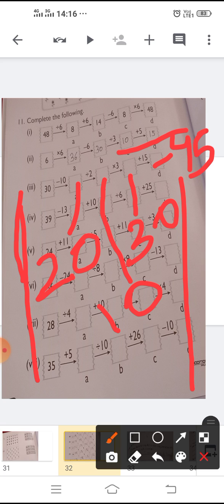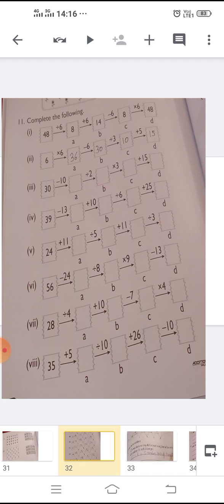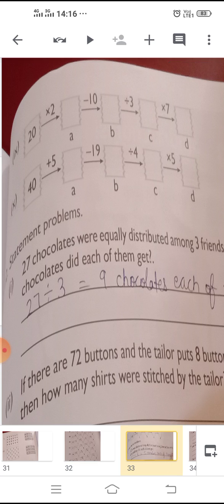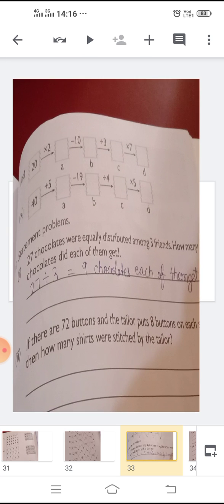According to that, you will continue and you will do it neatly and correctly. Up to 10 you will do on your own. Okay. Now come to statement problem.